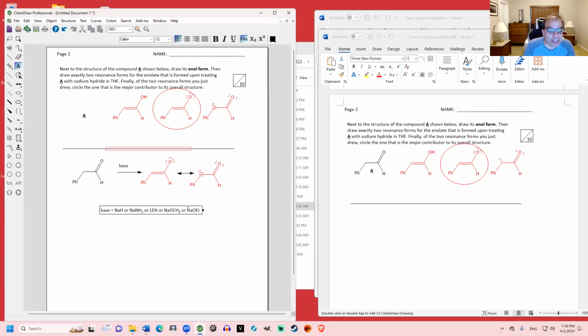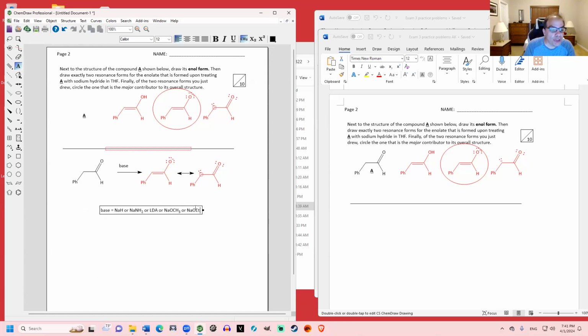Technically, sodium methoxide and sodium ethoxide are slightly weaker bases. They are especially good for protons that are between two carbonyls, like in the acetoacetic ester synthesis and the malonic ester synthesis. But they are also valid bases.